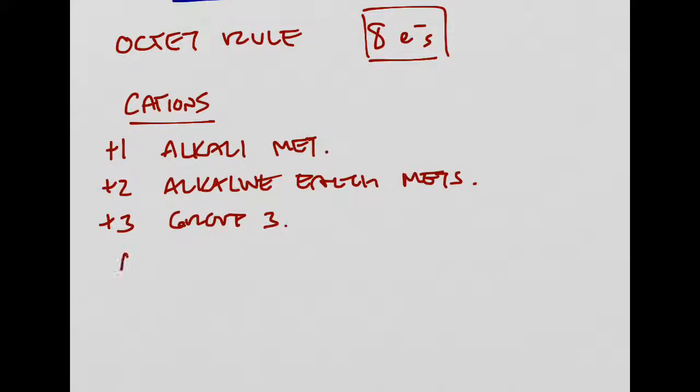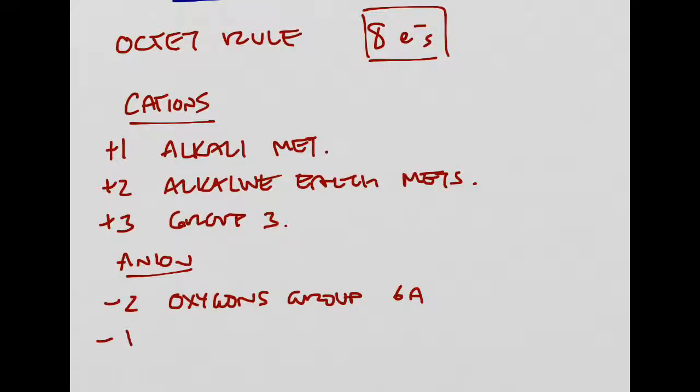And then we have some common ions, and the ones that we're really going to focus on are those that we find in group 6 and in group 7. Group 6 elements form anions with a -2 charge, and that includes the oxygen group, which is our group 6A.